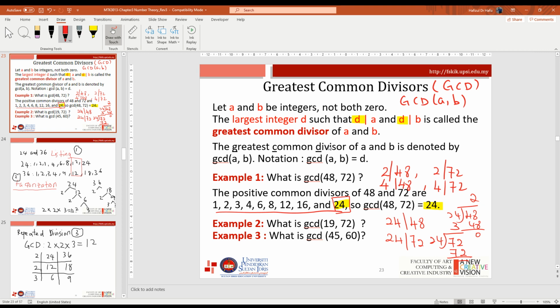And then the greatest common divisor is denoted by the notation GCD(a, b) equal to d.